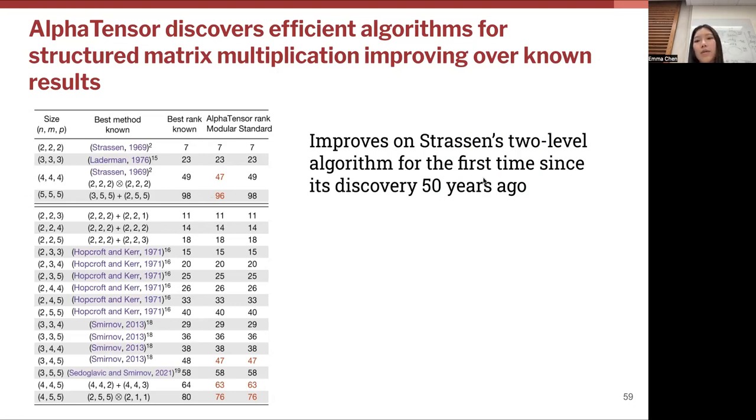The one example they highlight is an algorithm that was discovered 50 years ago, and they're now able to improve it even further.